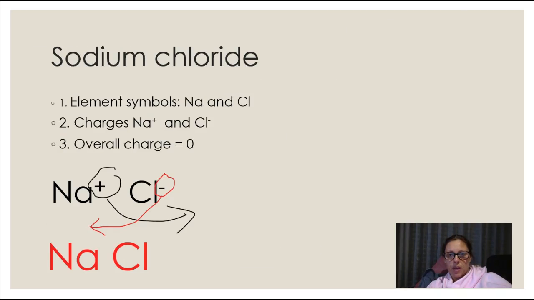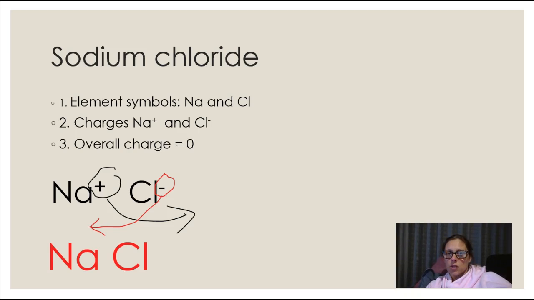Sodium chloride. First step was identify the elements. So we've got sodium and we've got chlorine. The charges, sodium is a +1, chlorine is a -1. Now we want an overall charge to be 0, so we want the balance of the charges. In this case, it is already balanced in that we've got a 1 positive and a 1 negative balancing out and becoming a 0 charge.